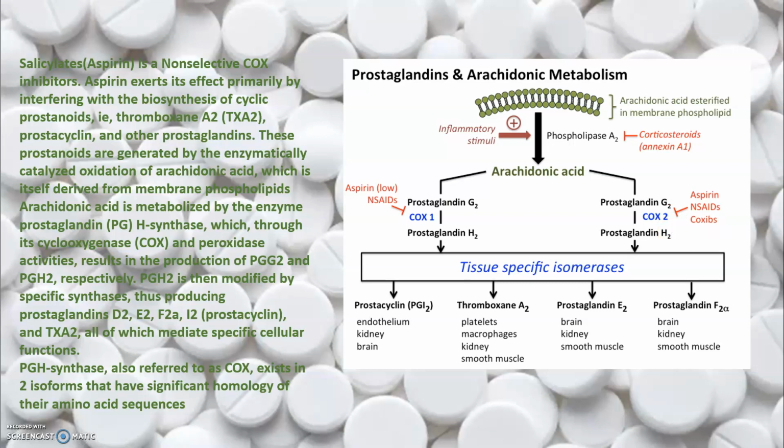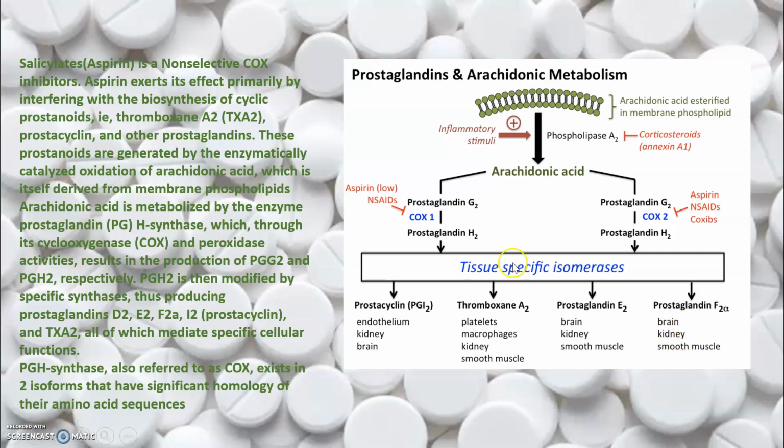PGH2 is then modified by specific synthases, producing prostaglandins D2, E2, F2 alpha, I2, which is prostacyclin, and TXA2, all of which mediate specific cellular functions.